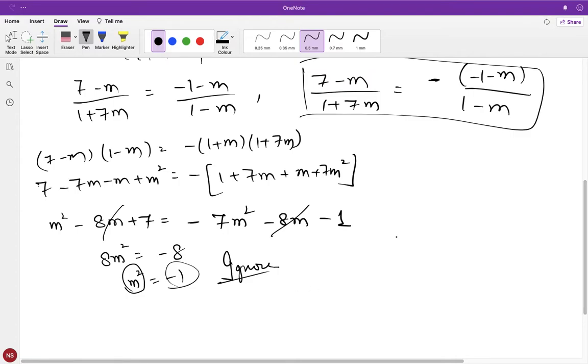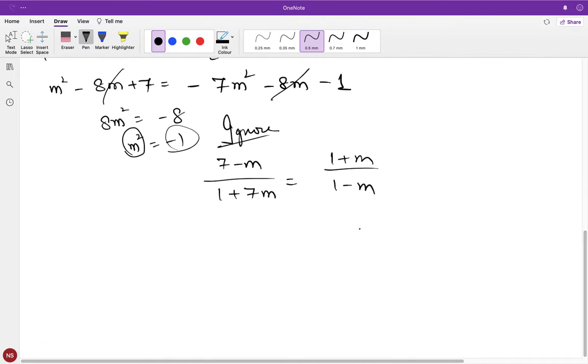What is that? 7 minus m by 1 plus 7m. This is negative, so 1 plus m by 1 minus m. Let us focus on this now. 7 minus m into 1 minus m is equals to 1 plus 7m into 1 plus m.